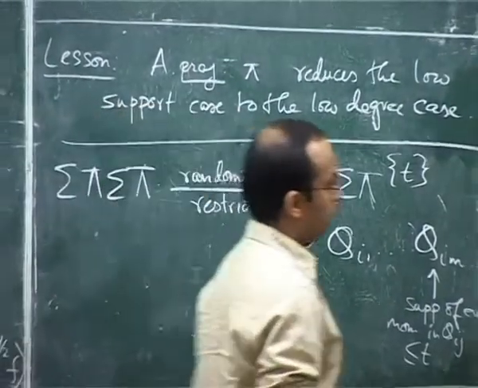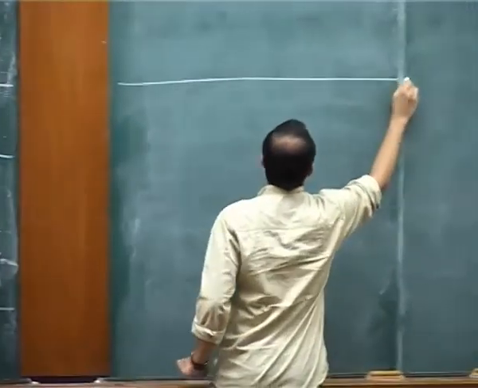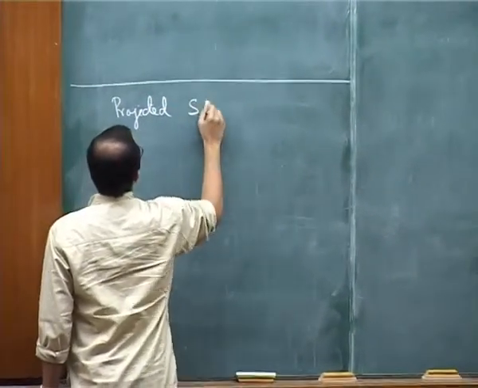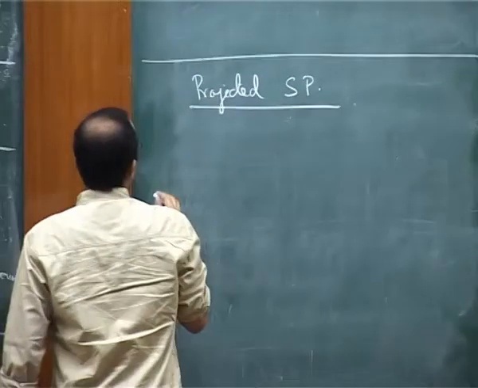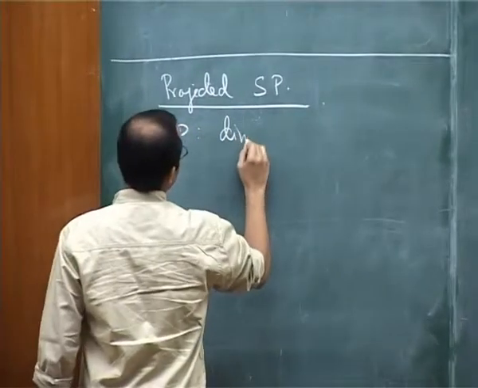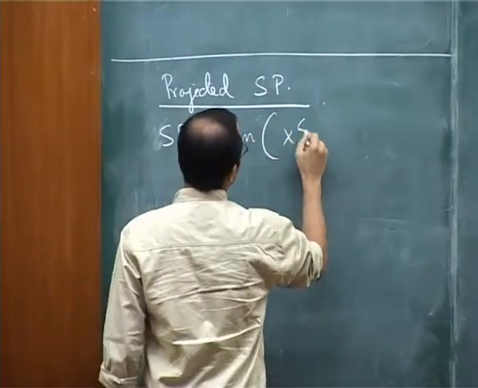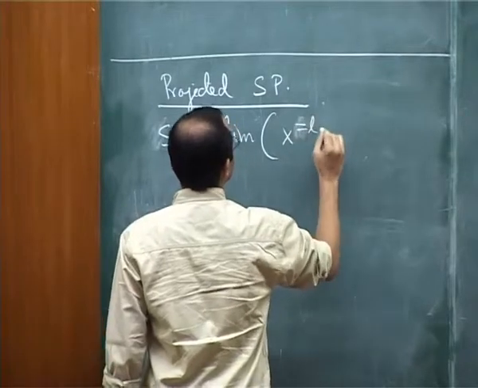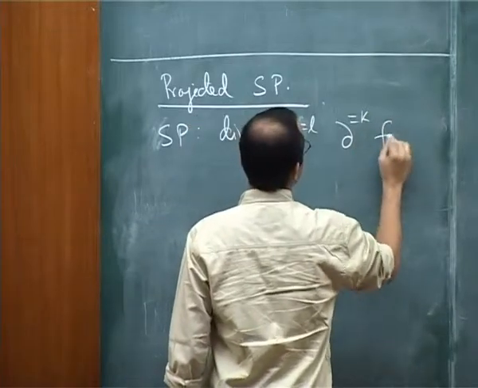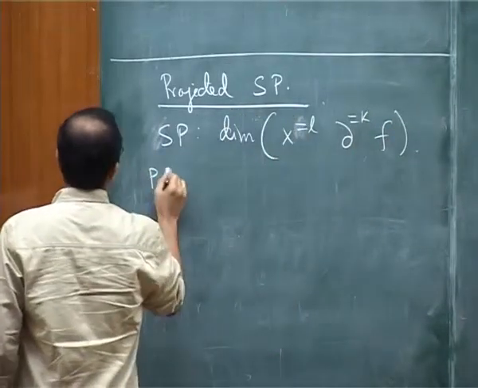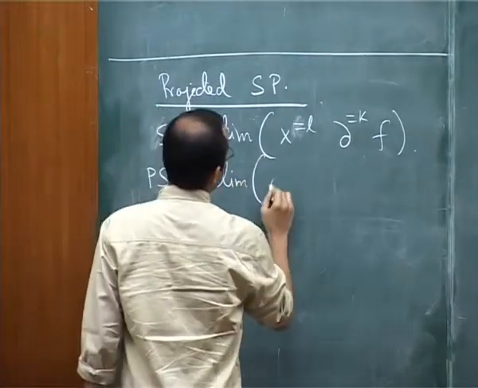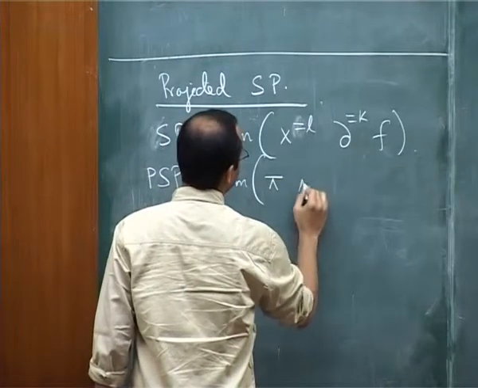Now what? So now you can possibly think of, let me just recall what the shifted partial measure was. It was the dimension of some polynomial, forget about less than or equal to. You want to apply some kind of projection.